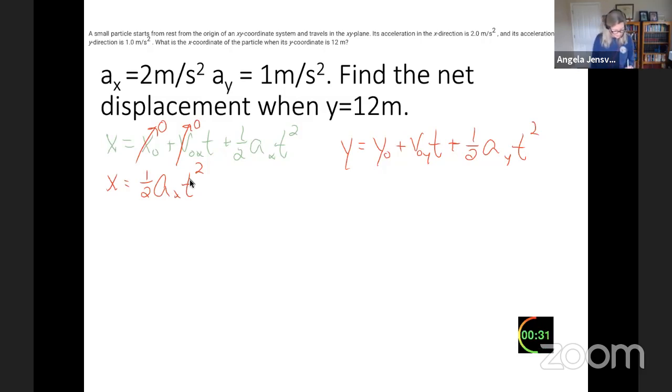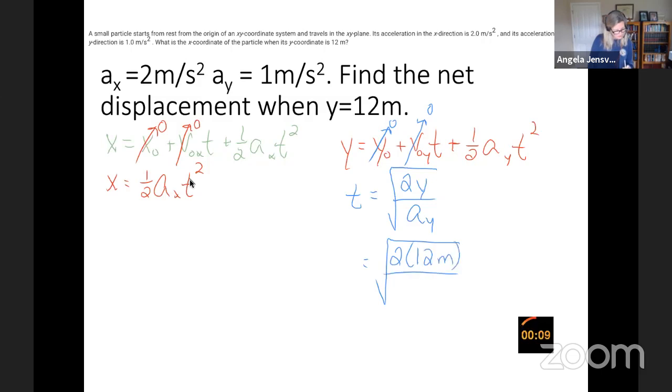For this object, it starts at the origin, so y naught is 0. This object starts at rest, so v naught y is 0. So we can solve for time. Time is the square root of 2y over the acceleration in the y. It went 12 meters, so that's 2 times 12 meters over acceleration in the y.